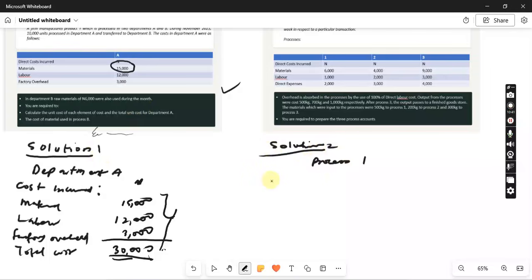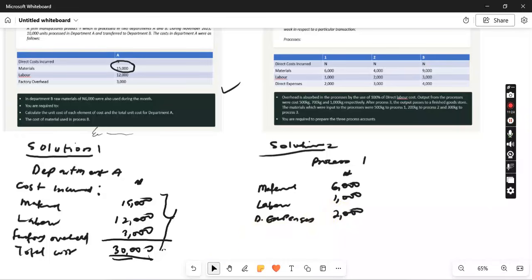For process one, we have the material cost 6,000, labor 1,000, direct expenses, that is 2,000.